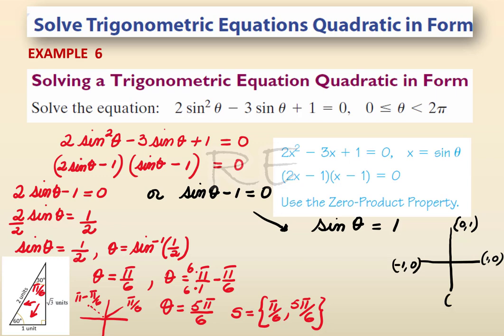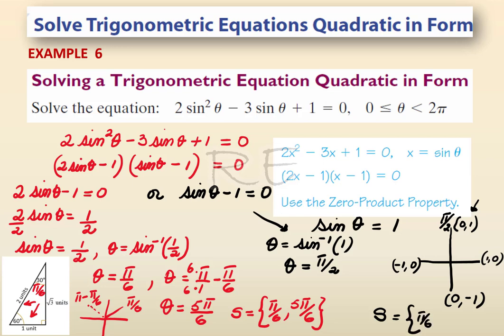Sine is the y coordinate, and sine pi over 2 is equal to 1. So theta is equal to inverse sine 1, which is pi over 2. So the solution set, all the solutions together: pi over 6, 5 pi over 6, and pi over 2.